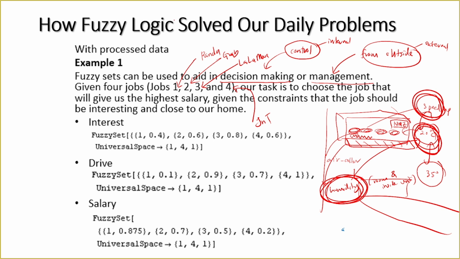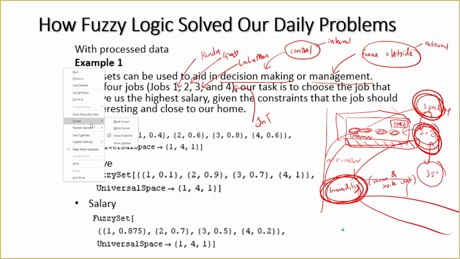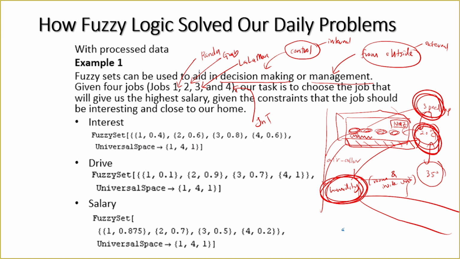Okay, so the keywords over here, I'll change the color for a second. Blue would be nice. So the keywords over here are interesting and close to home. Then the other one is salary, guys.